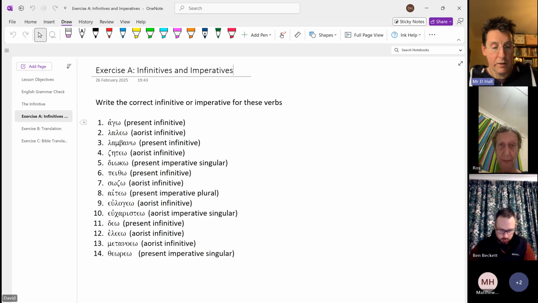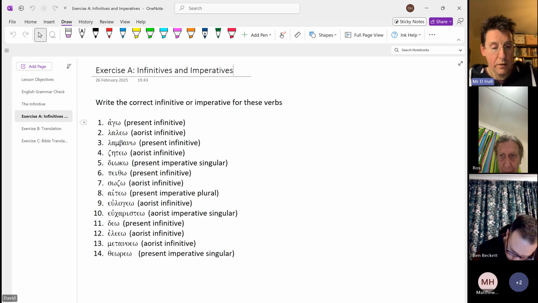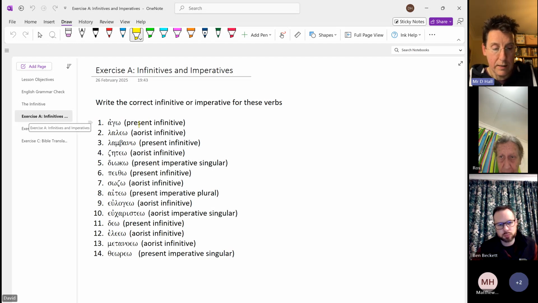Depending on whether it's present or aorist, what ending it needs, and whether it's an epsilon omega verb, the form changes slightly at the end. So let's have a go at writing them. We're not translating anything, just writing the correct Greek for these verbs in the forms indicated in the brackets. I'll stop the recording.